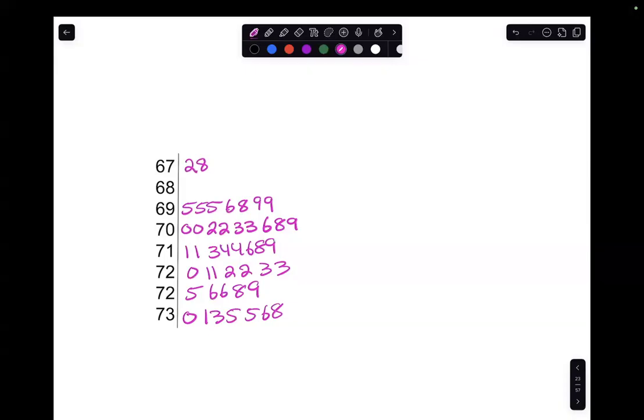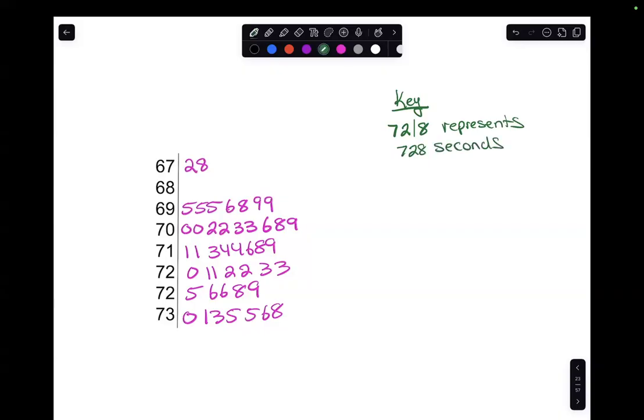Now, every time you draw a stem and leaf plot, you need to have a key. For the key, write the word key, and then you pick any data value. I don't care which one you choose, you just find your favorite. I'm going to say 7 | 2 8 represents 728 seconds.